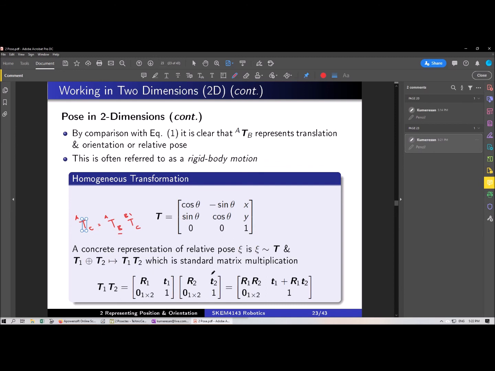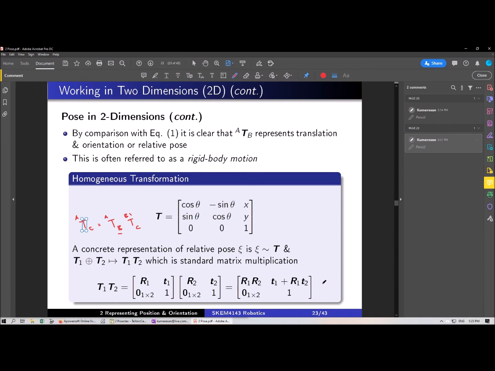Because you have calculators that can perform 3 by 3 multiplication, you can just do it. But because this is a special matrix, when you multiply two homogeneous matrices, this is how it behaves. The resultant matrix is always R1 multiplied by R2, and the last column is always T1 plus R1 T2.